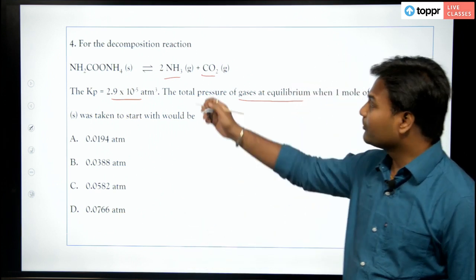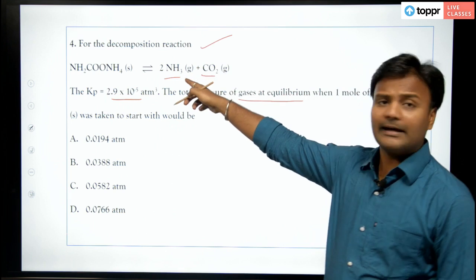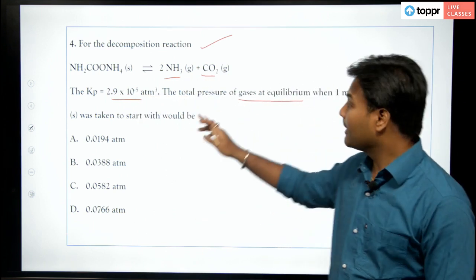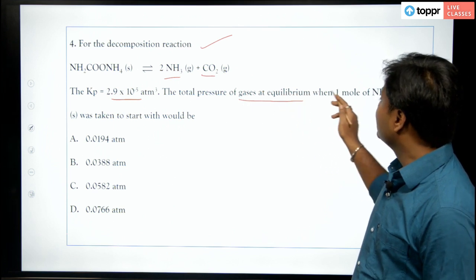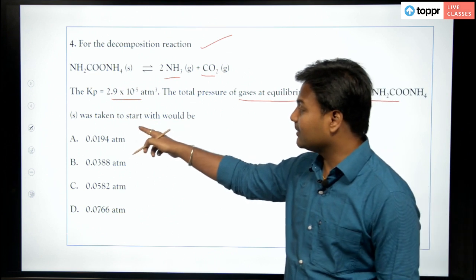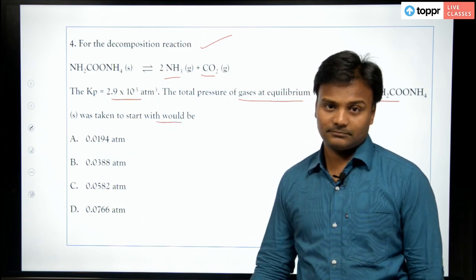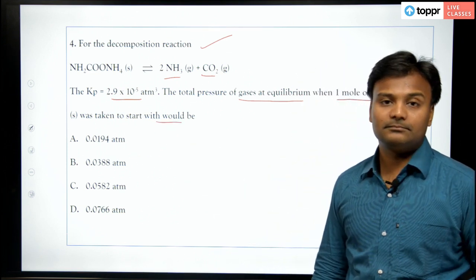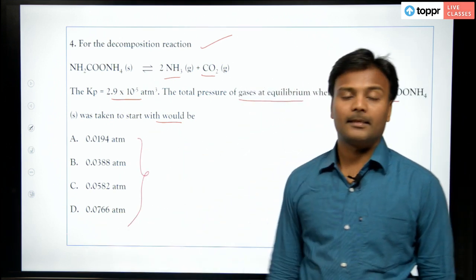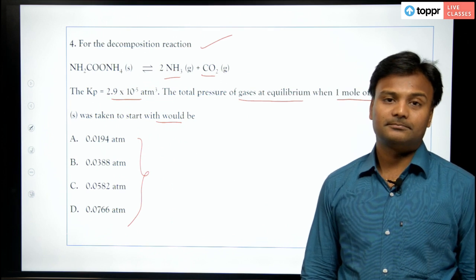So, what do you have to do? They gave the decomposition reaction, the Kp value was given to you, and the total pressure of gases at equilibrium when 1 mole was taken to start. You have been given the options here to find out the pressure.